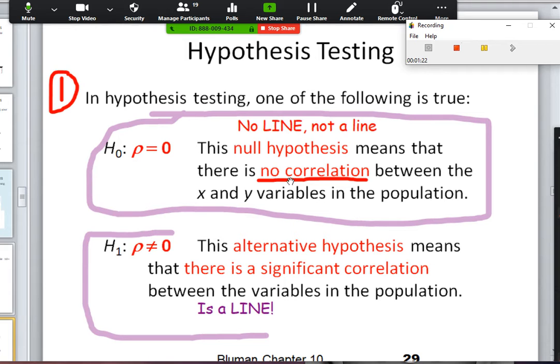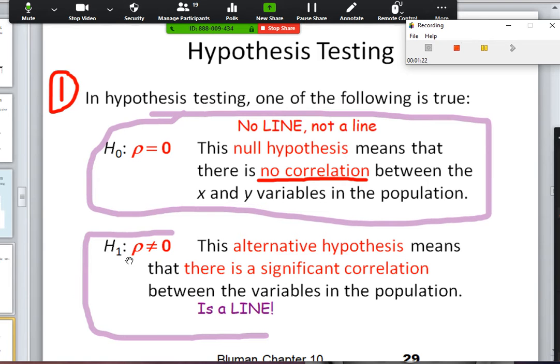Make sure you get that locked into your head, because people get this confused all the time. When H naught says it's not a line, H1 says that it is a line.